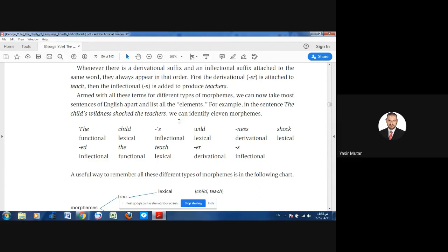This is one sentence. Instead of studying the whole sentence, we are going to cut this sentence into its inner structures.